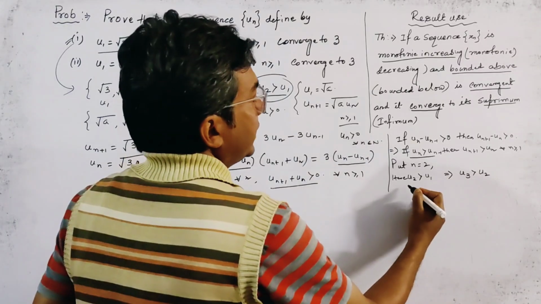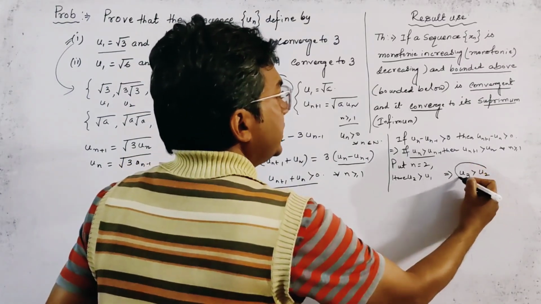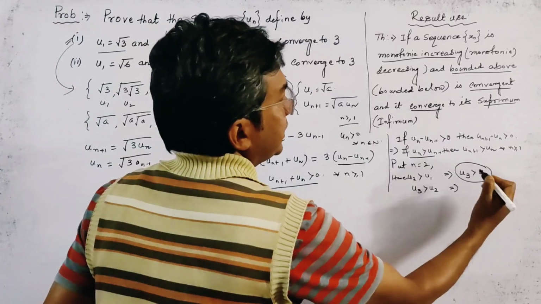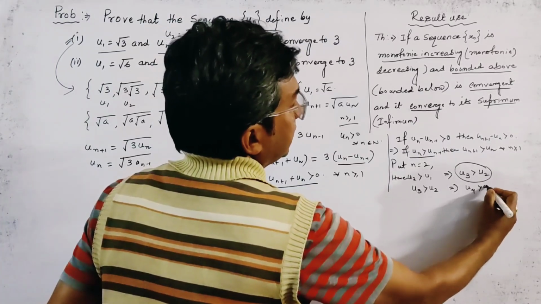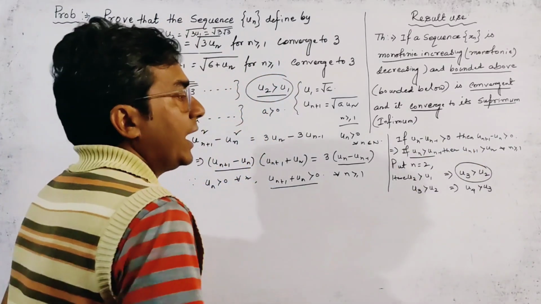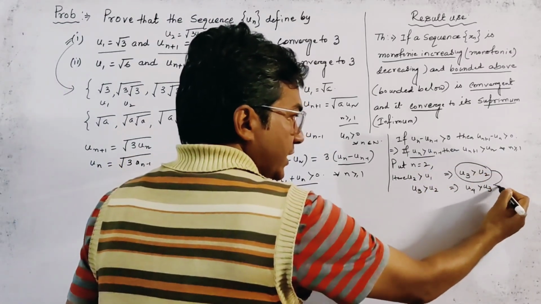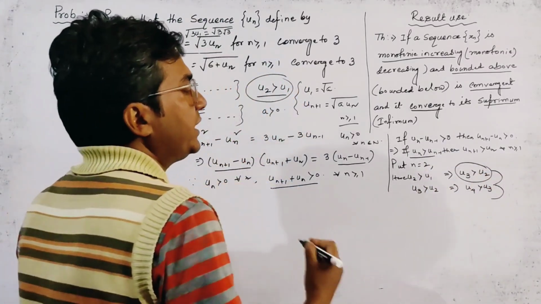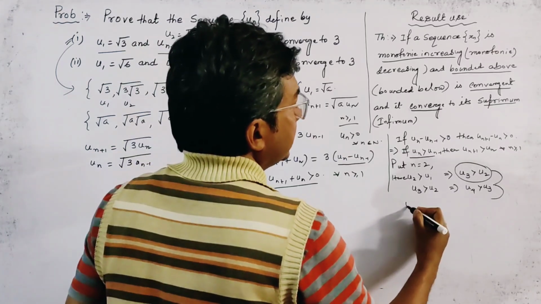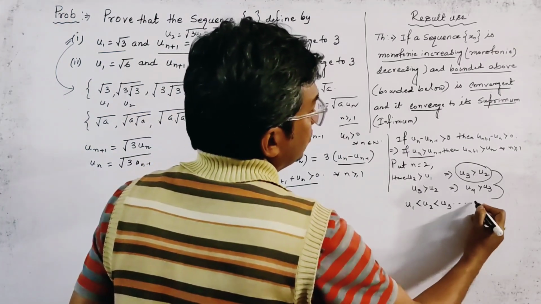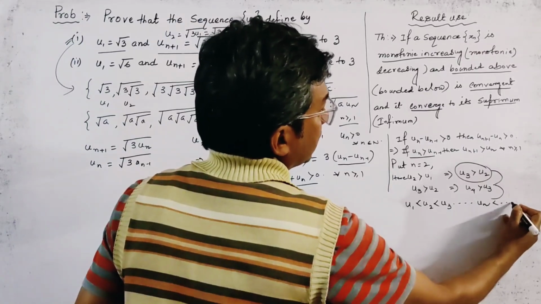Since we get u3 greater than u2, we get that u4 greater than u3, and so on. Writing all such relations together, we get u1 less than u2 less than u3 less than so on.